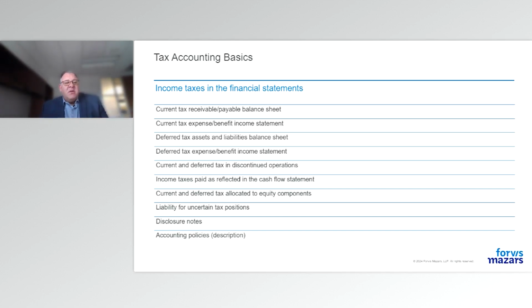On the income statement, you'll see more period items. You'll see a current tax expense, which should be the cumulative amount of tax shown on tax returns for the year in every jurisdiction. Plus, there will be some element of true-ups. So, for example, financial statements are typically filed for a U.S. calendar year taxpayer in February or March, and then the tax returns are put together and filed later in the summer or in the fall.